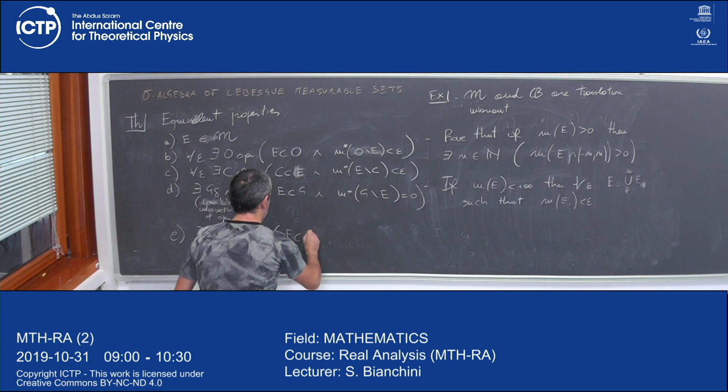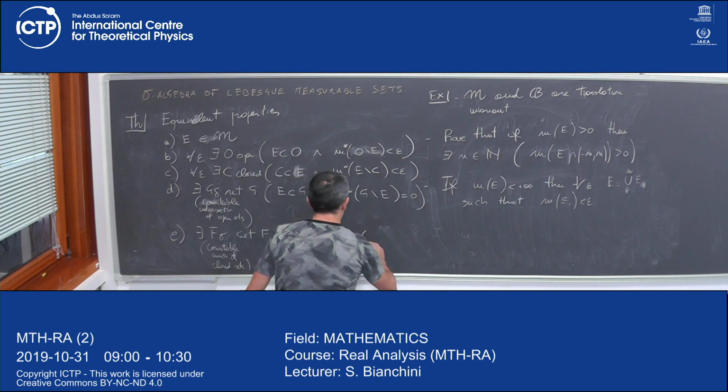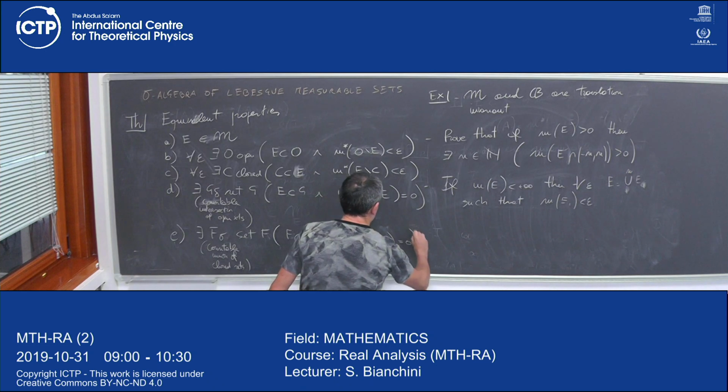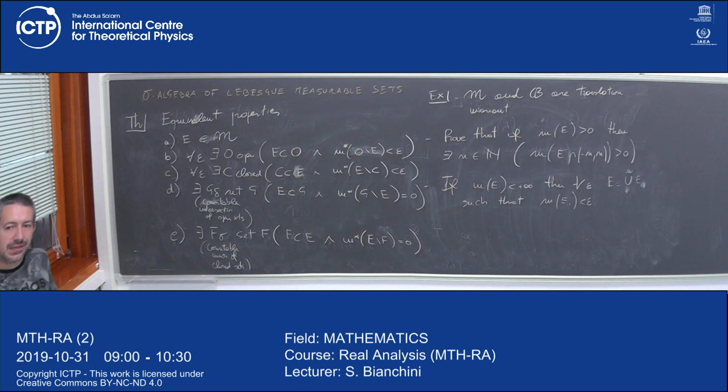F is contained in E, and the measure of E minus F is equal to 0. Okay, before proving the theorem, after this theorem, essentially, we know which are the measurable sets.